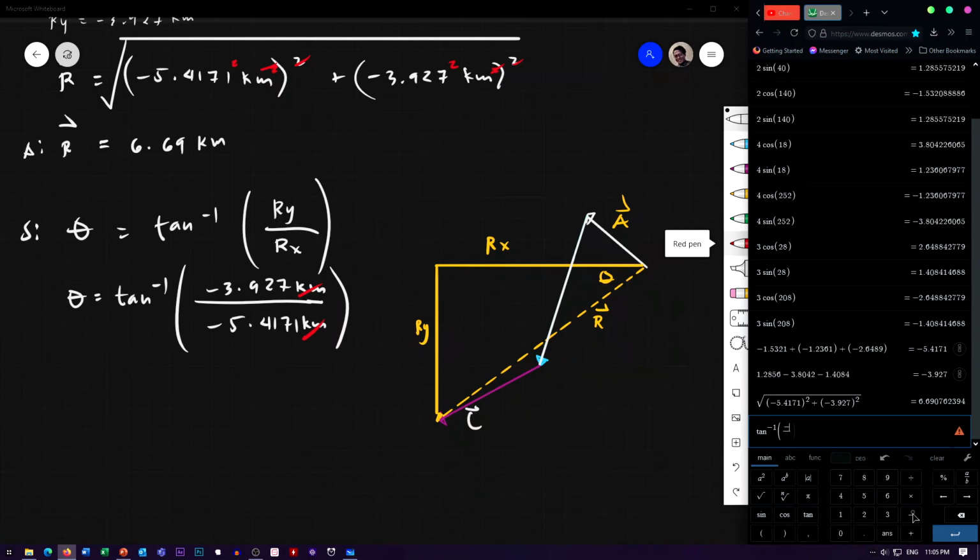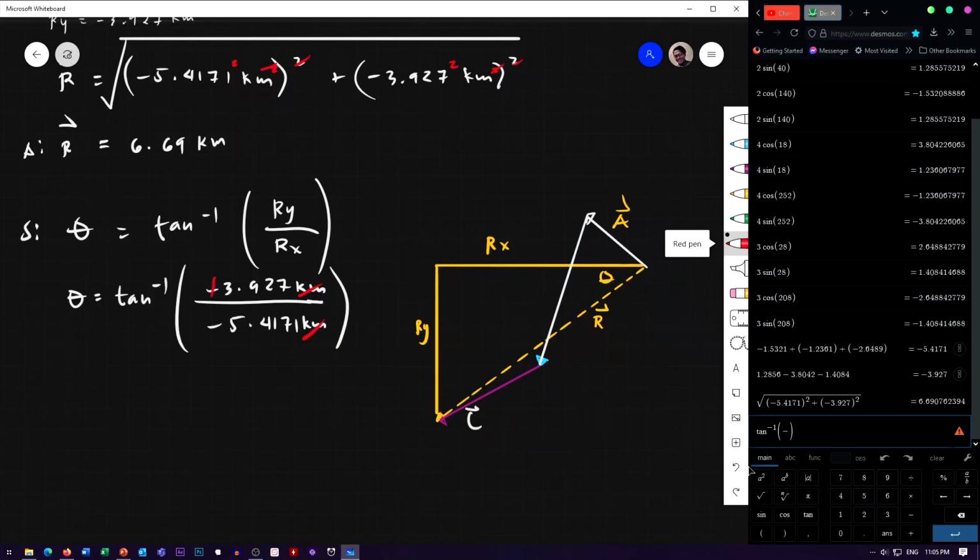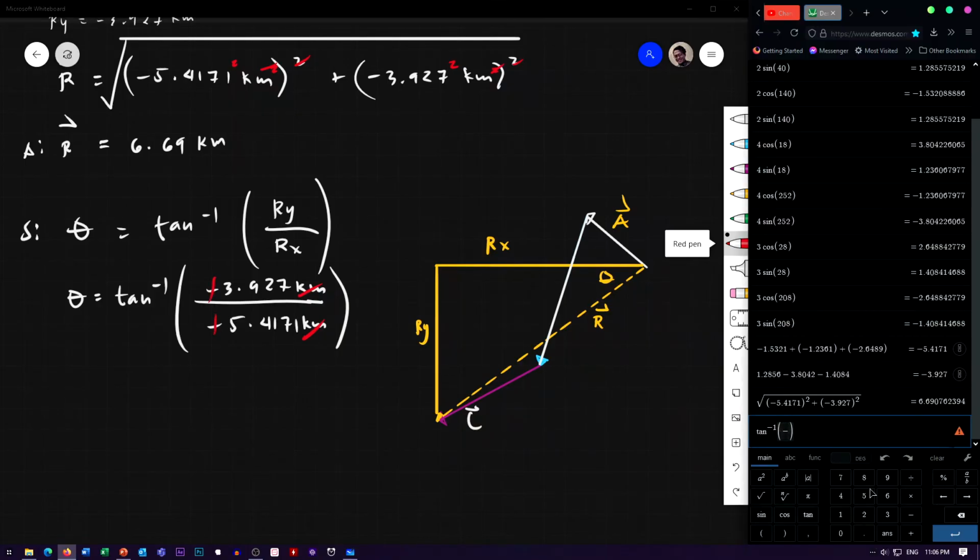So then we want a fraction. Actually, you can cancel the negative sign here. So we're just going to write a positive number. So this is going to be 3.927. Then our denominator is going to be 5.417.